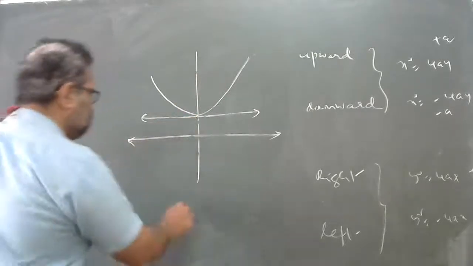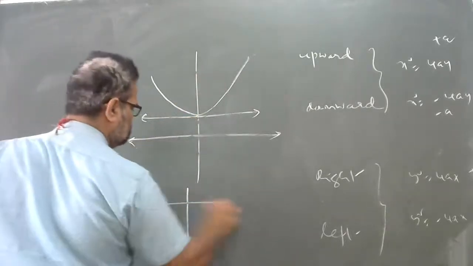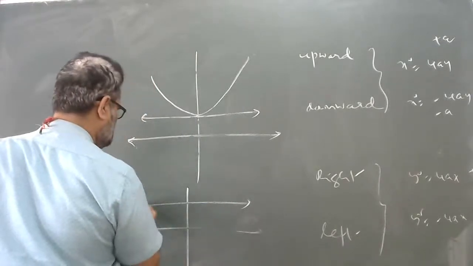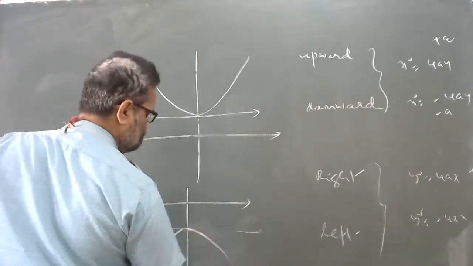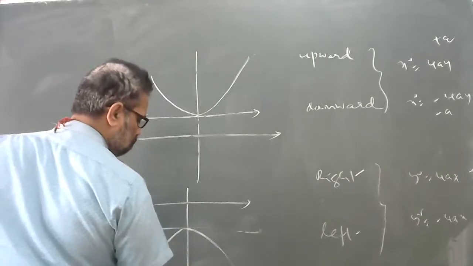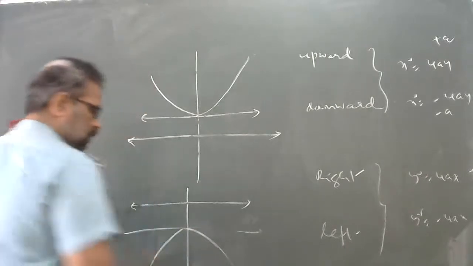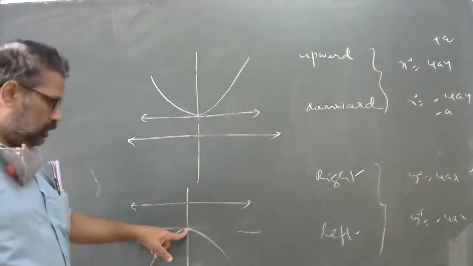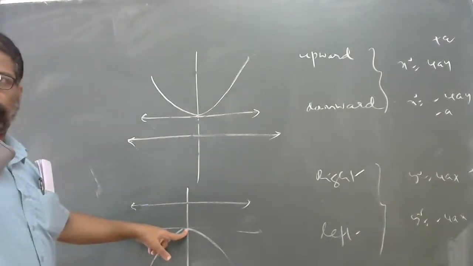In the case of the downward parabola, what happens? You have the focus here at 0, minus a. This is the focus, and this is the axis.